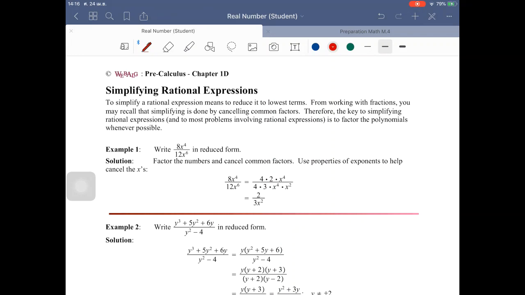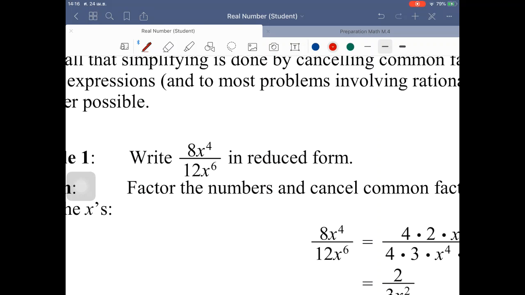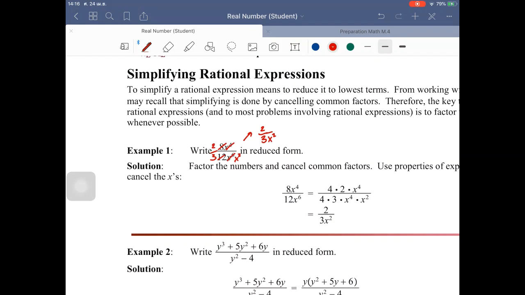For example, the first one, 8x to the power of 4 divided by 12x to the power of 6. How can you simplify? The first step, 8 and 12, divide both by 4, you get 2 over 3, isn't it? And for x, 4 and 6, there will be x squared here. So the simplest form of this one will be 2 over 3x squared. That is the simplest form.